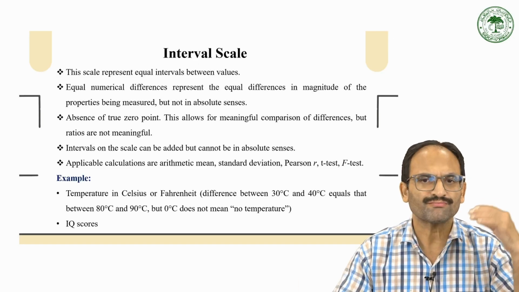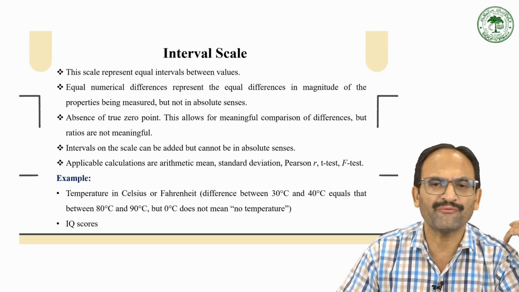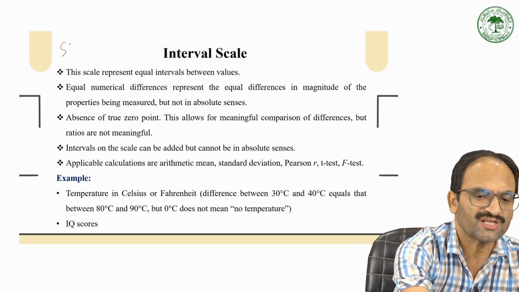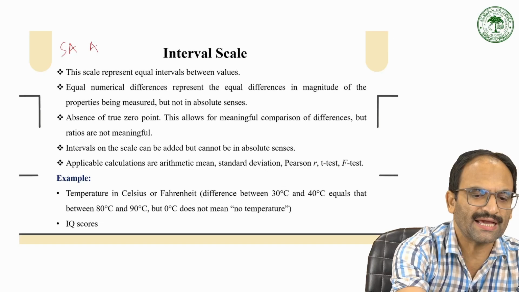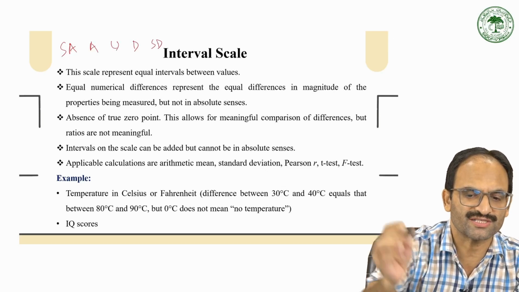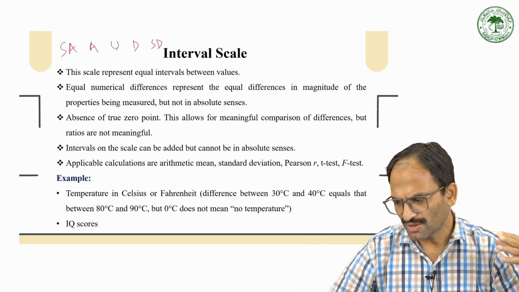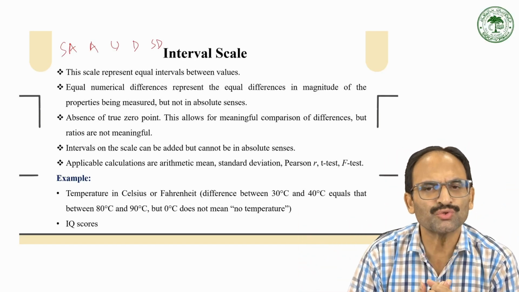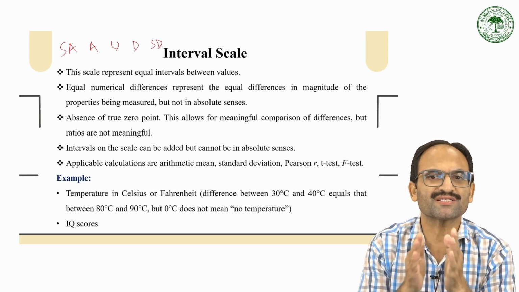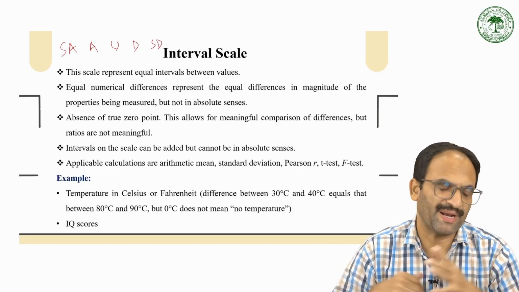Suppose I am collecting some data and I have fixed 5 categories in that data: strongly agree, agree, undecided, disagree, and strongly disagree. So suppose I want to know the attitude of my students towards internal evaluation, toward internal assessment.